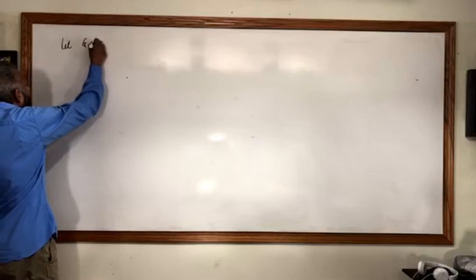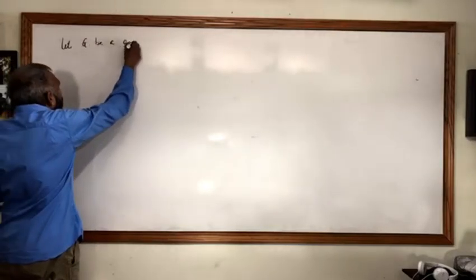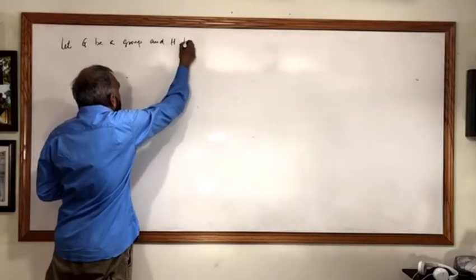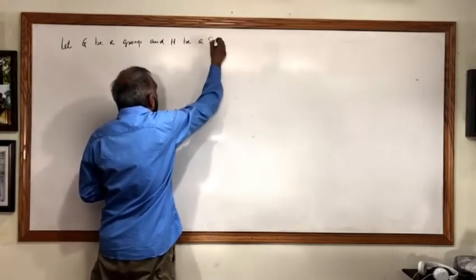So, let G be a group and H be a subgroup.